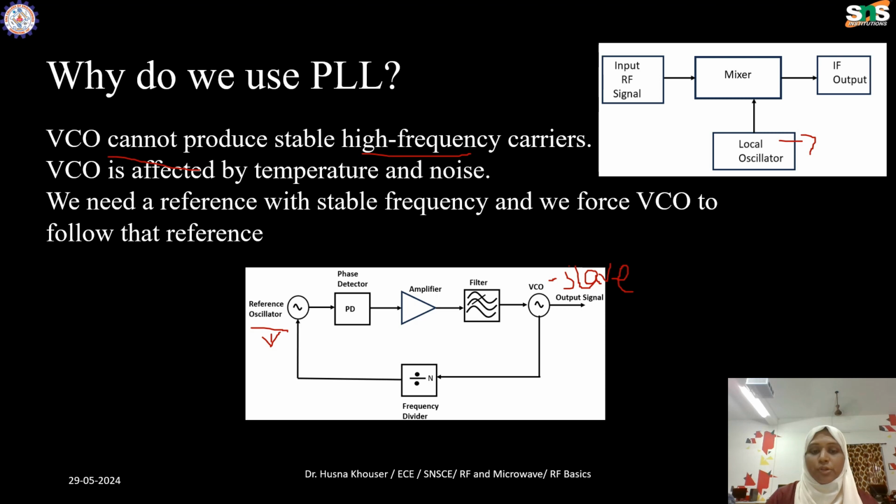But we cannot use the reference oscillator because it produces only a stable low frequency, whereas the VCO produces a high frequency in an unstable form. So what we are doing is forcing the VCO to produce the high frequency with respect to this reference oscillator.